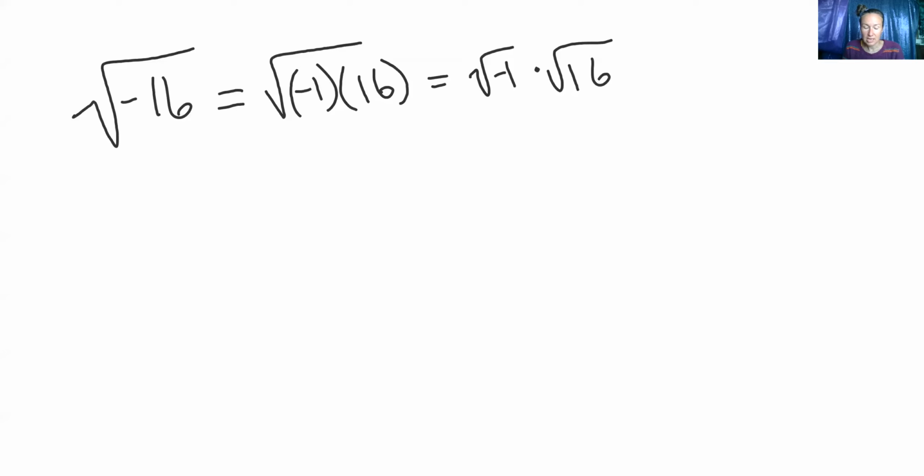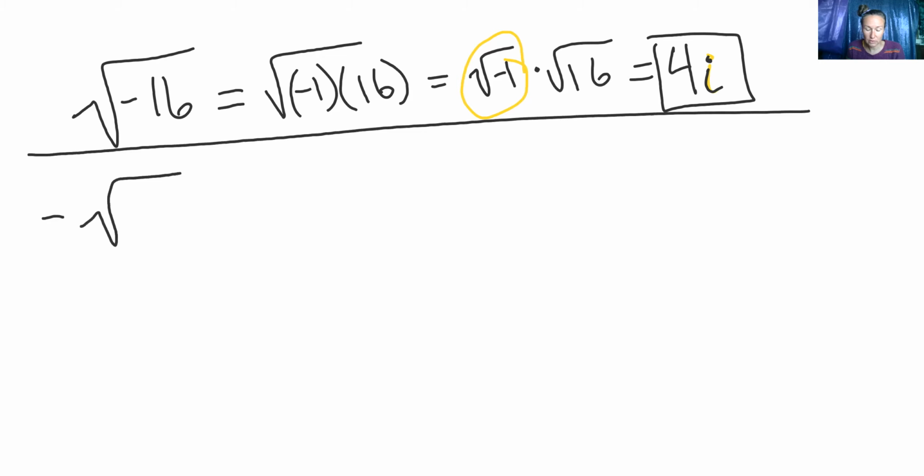Now we know the square root of 16 is 4, and the square root of -1 is our imaginary number i. So we're going to call this 4i. That's what this number is. 4i is 4 times the square root of -1.